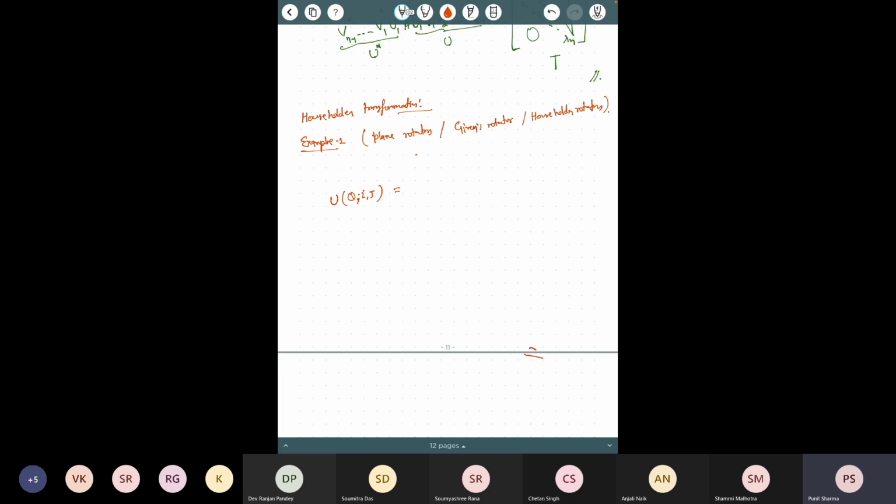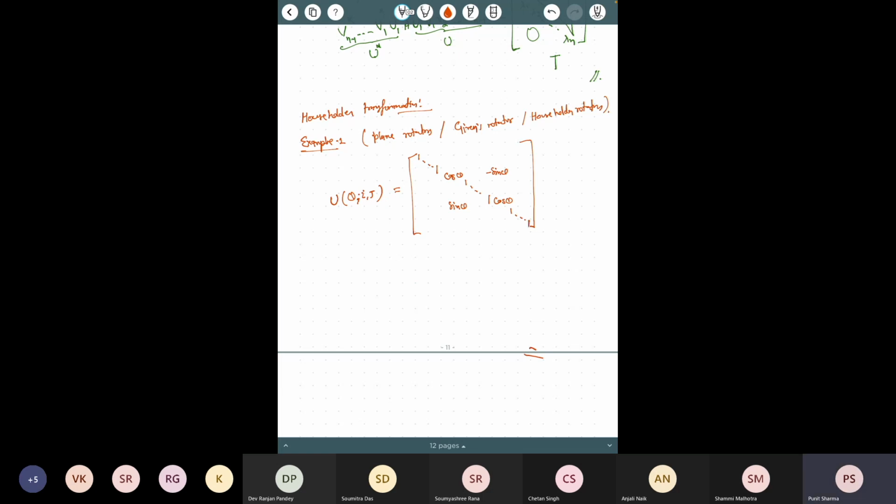So what is this matrix? What you do is put this 2 by 2 rotation matrix, whatever I just mentioned, in the ith and jth rows and ith and jth columns. So you put this rotation matrix at the appropriate place, and the diagonal entries are all 1, except the cos theta entries at the diagonal positions.